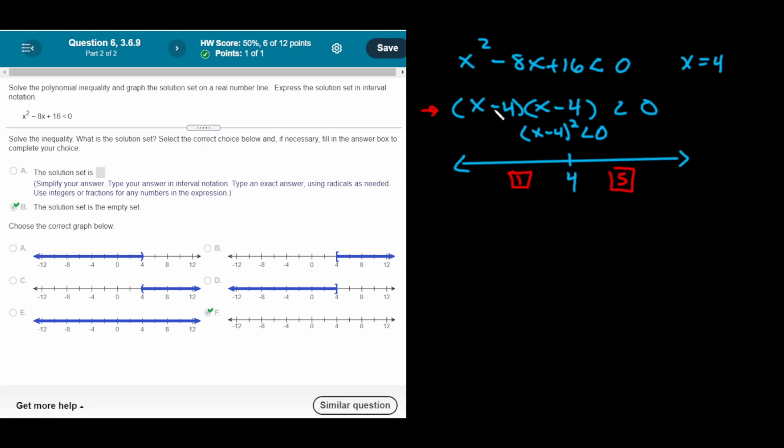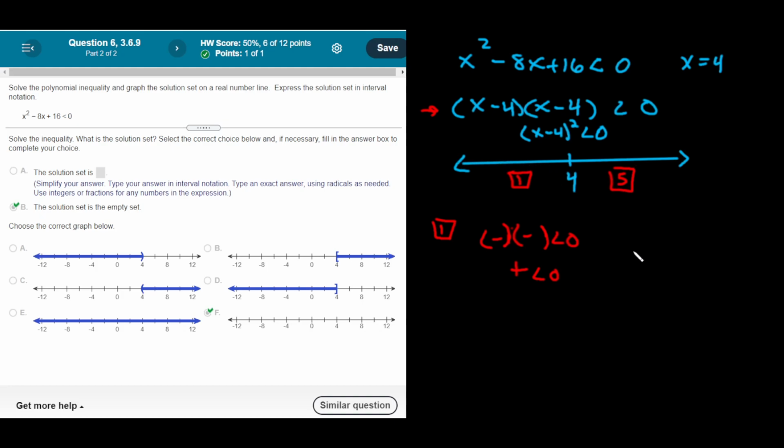You plug a 1 in here. 1 minus 4 is negative. 1 minus 4 is negative again. We want to see if it's less than 0, and that is no. Negative times negative is a positive. Is it less than 0? No. So we're not going to shade to the left.